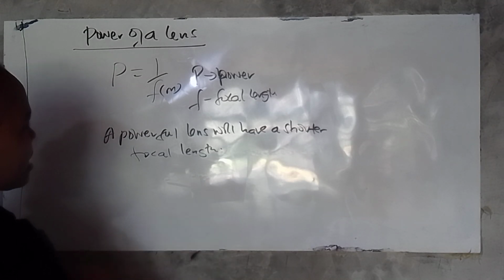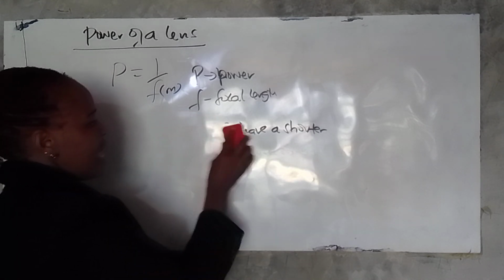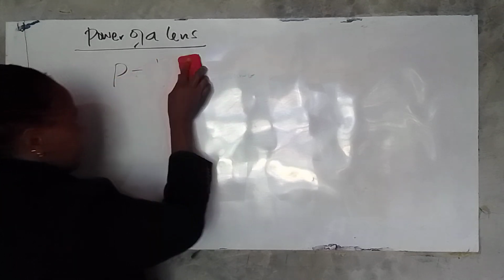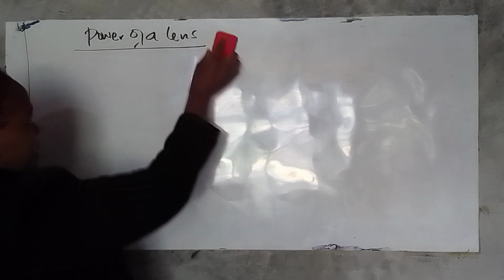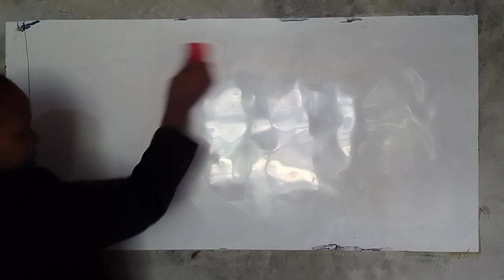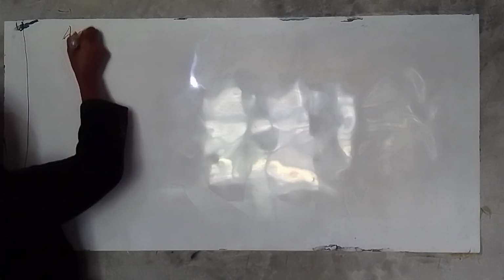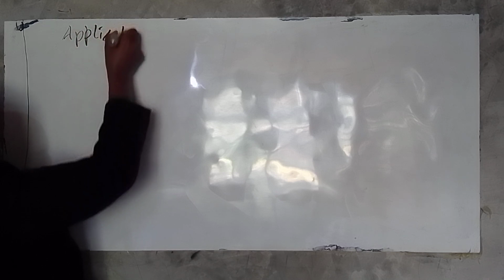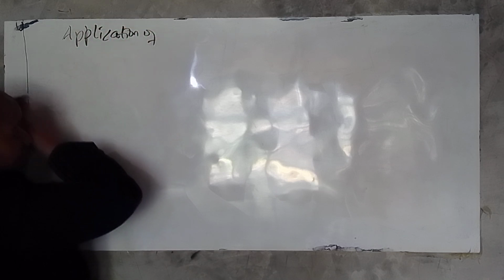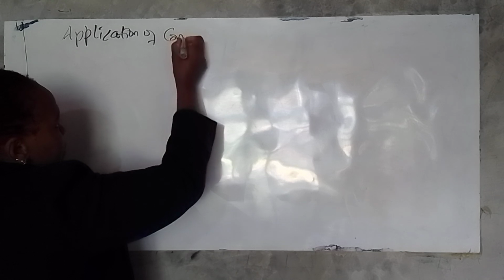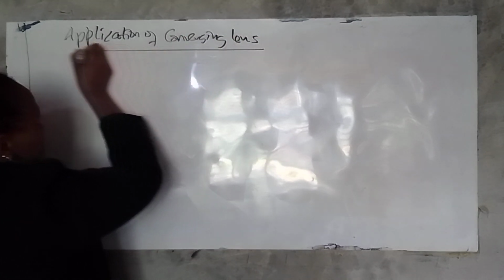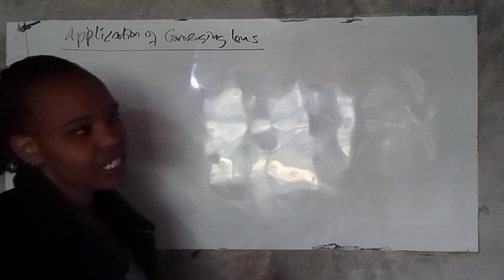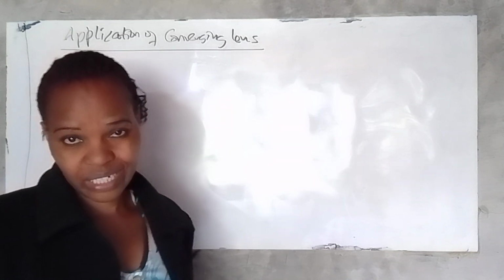Now the other thing I want us to look at are applications of these lenses, mostly the converging lenses, because the converging lens is the one that we use mostly.